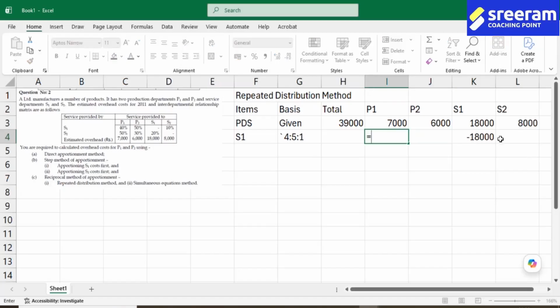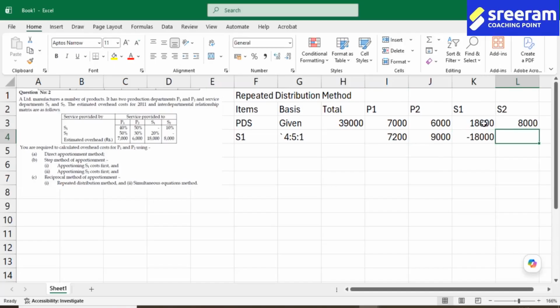Here, this 18,000, I'll multiply it with 0.4. Next, this 18,000, I will multiply it with 0.5. Then this 18,000, I will multiply it with 0.1. So therefore, this 18,000 is getting distributed for the first time.